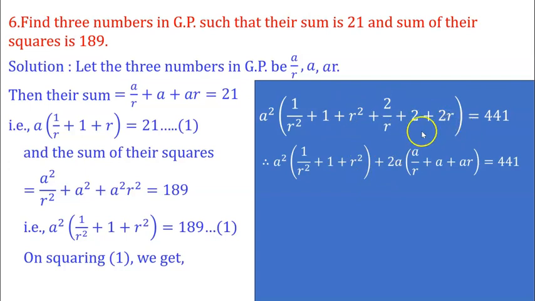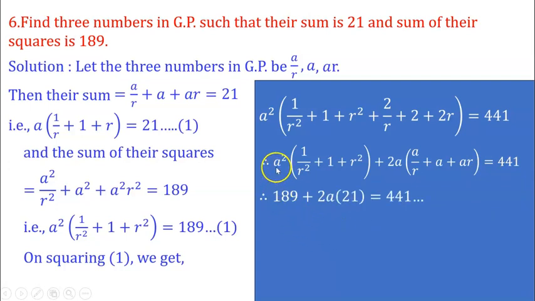From all these terms take 2 as common, and the multiplication, here is a squared. Then that a goes to multiply with each term, and from all of them take 2 as common. Then you will get the remaining one, a into 2, and then in bracket a/r plus a plus ar, that is equal to 441.